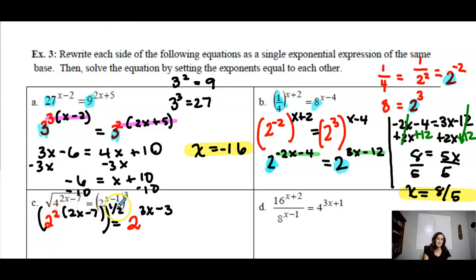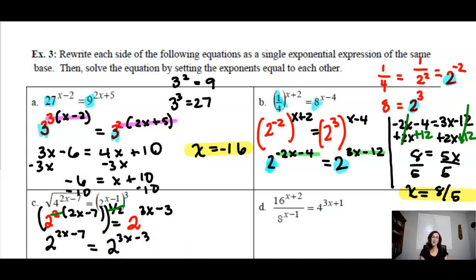So this 1/2, you can multiply it to the 2 before you distribute, and it cancels. And so now I just have 2 raised to the 2x subtract 7. So 2 raised to the 2x subtract 7 equals 2 raised to the 3x subtract 3.